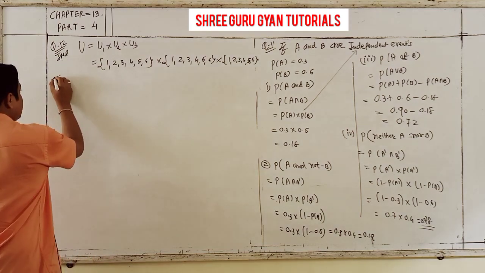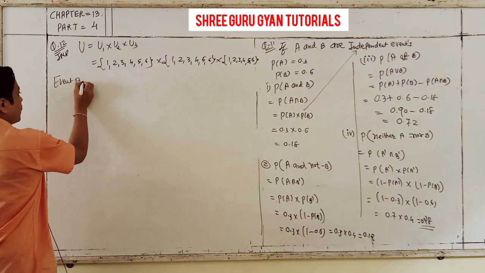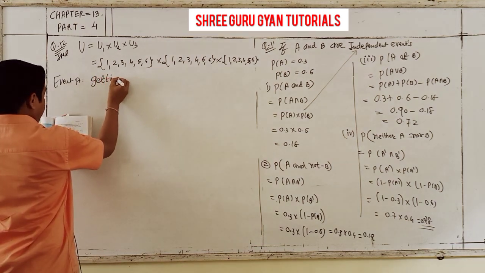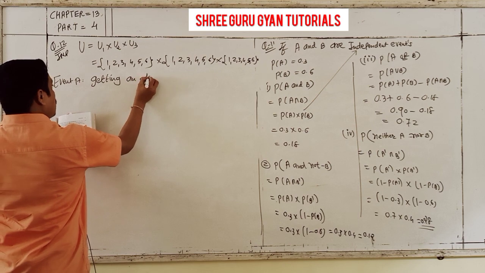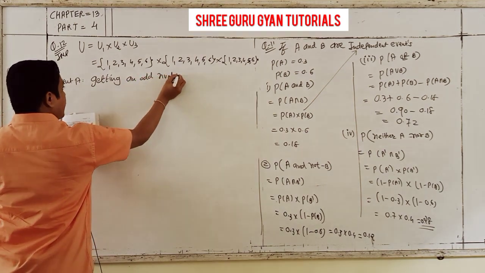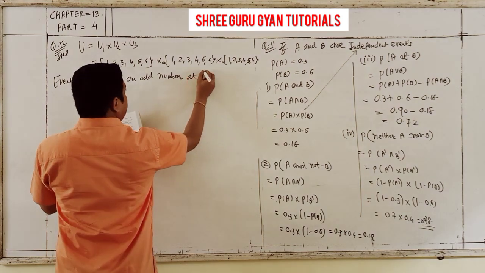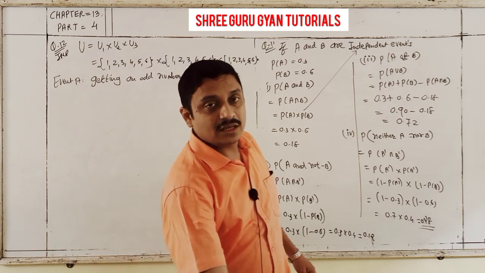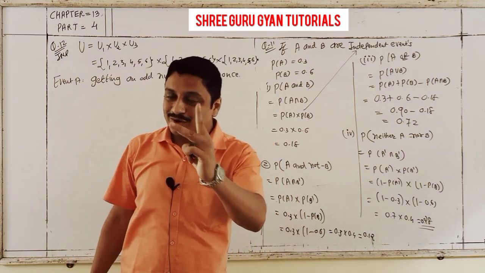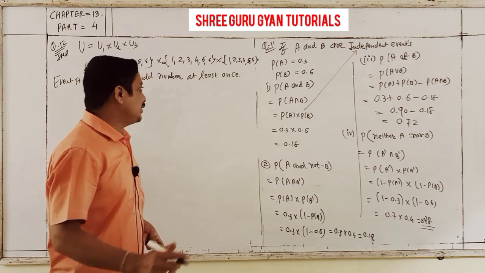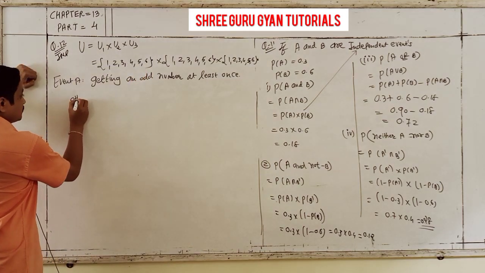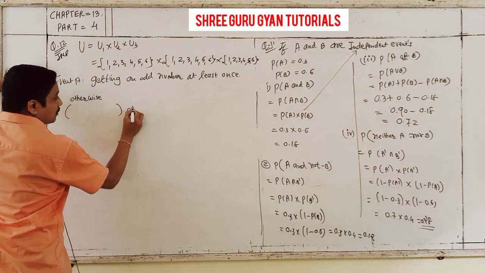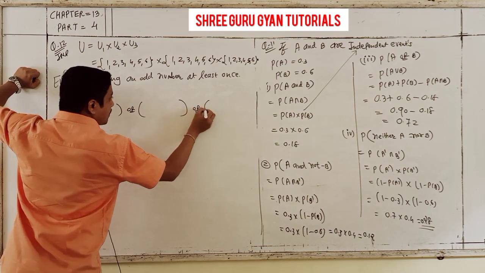And your event, the target to achieve, is getting an odd number. Yes, getting an odd number at least once. At least one means one time getting odd, either two times getting odd, or three times getting odd. Let me write this down first.